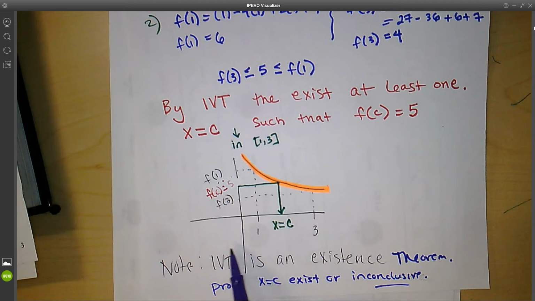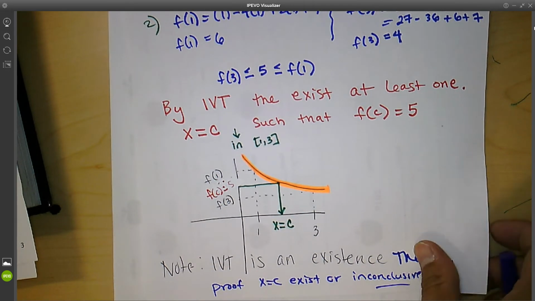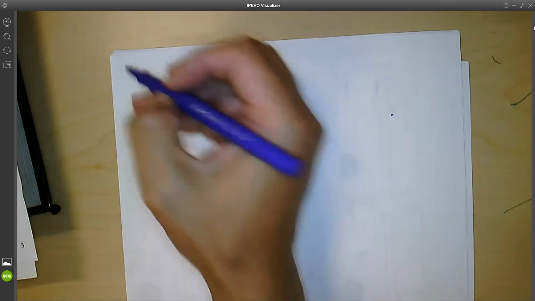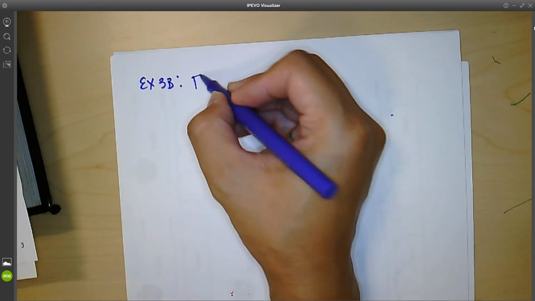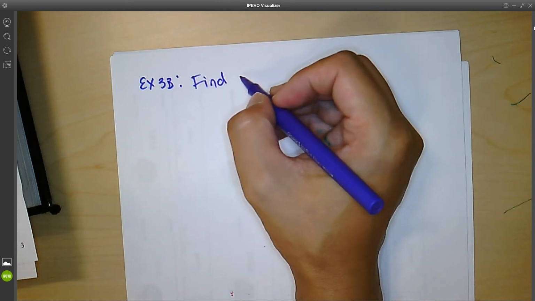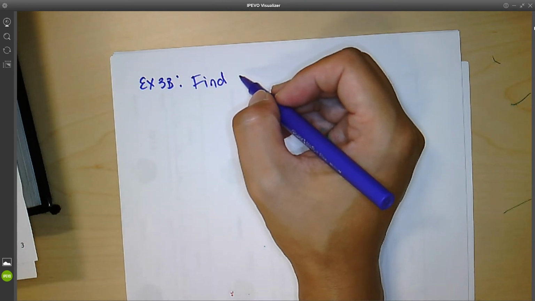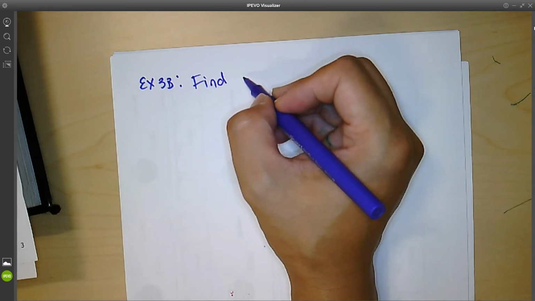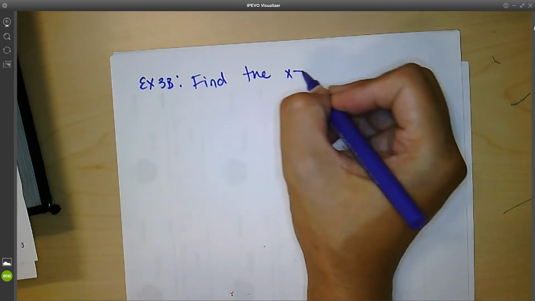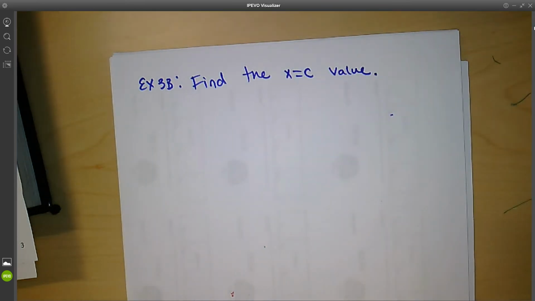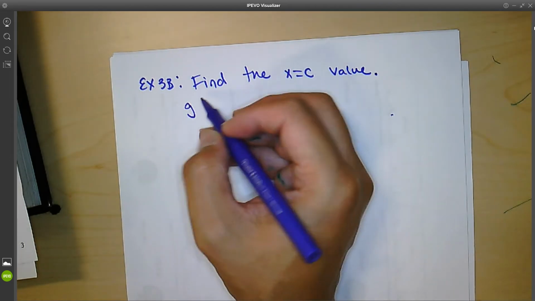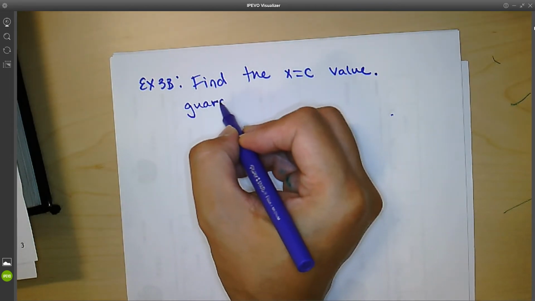But sometimes they will say, go and find the c value. The IVT guarantees there's a c value. Let's continue from this problem. Same problem, but we are now going to ask to find the x equals c value guaranteed by our intermediate value theorem from earlier.